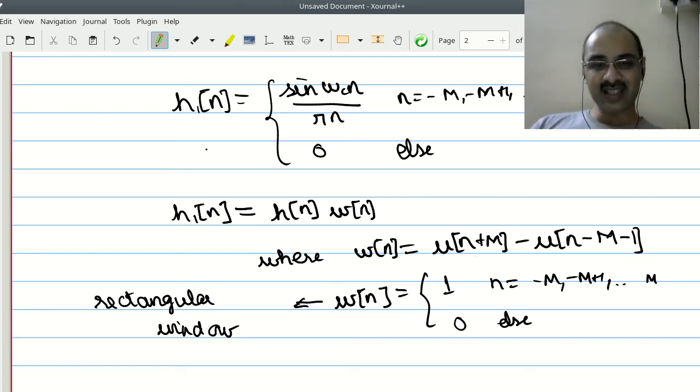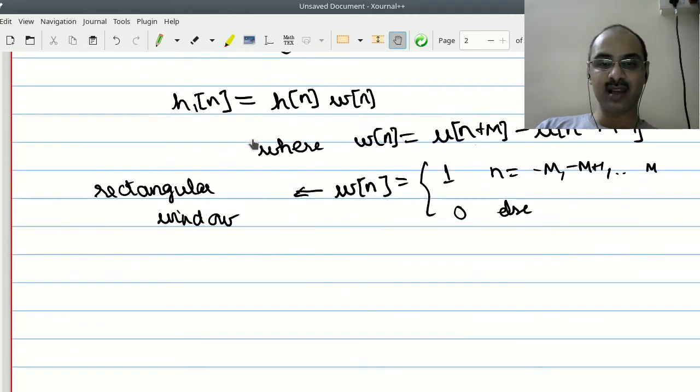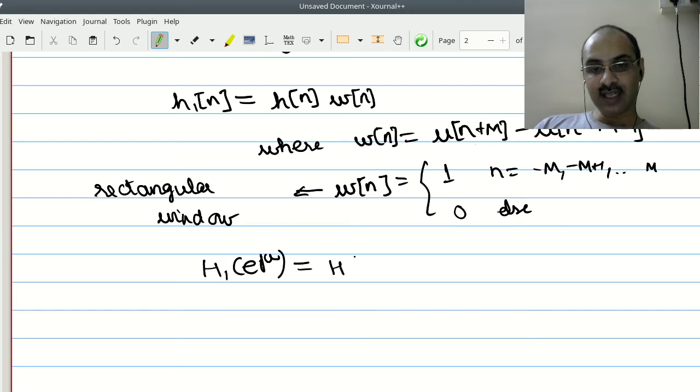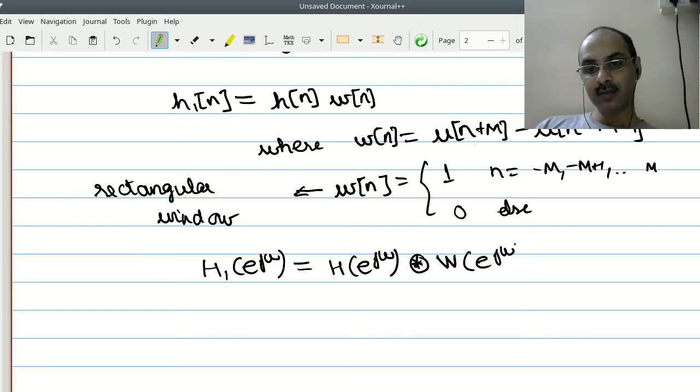Now, why are we interested in expressing it in this manner? There is a good reason why. If we want to look at the Fourier transform properties of h1(e^{jω}), then we know that it is the original H(e^{jω}), circularly convolved with W(e^{jω}).